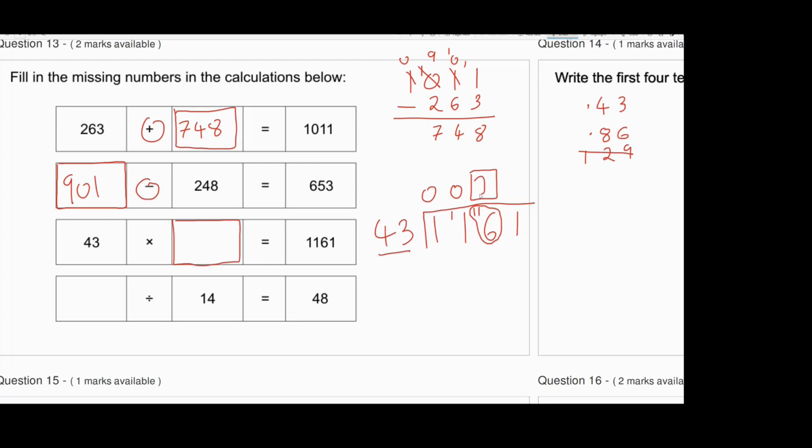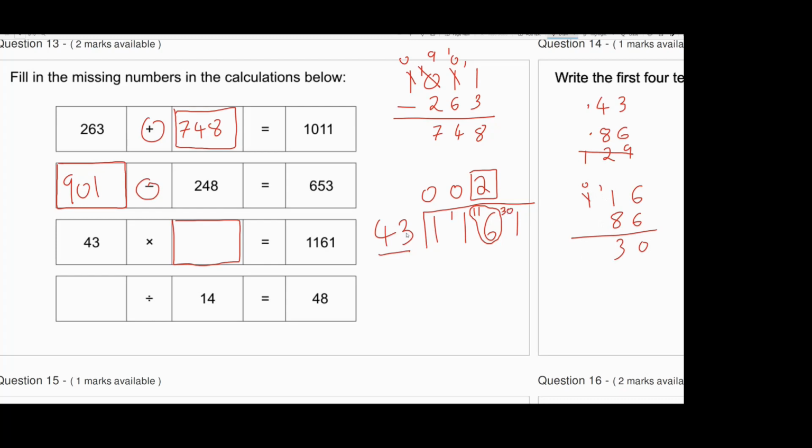So that's going to be 2. And then I think about the remainder. The remainder is going to be the difference between 116 and 86. So if I just take those away, 116 take away 86, that's going to be 30. So the remainder is 30.